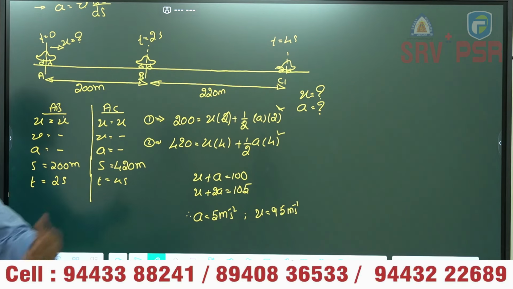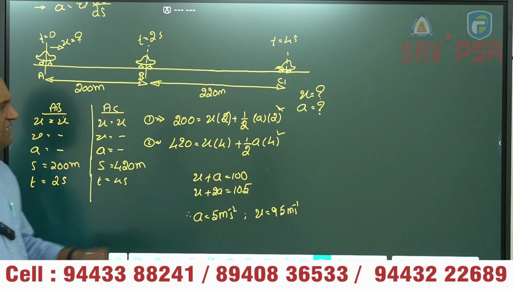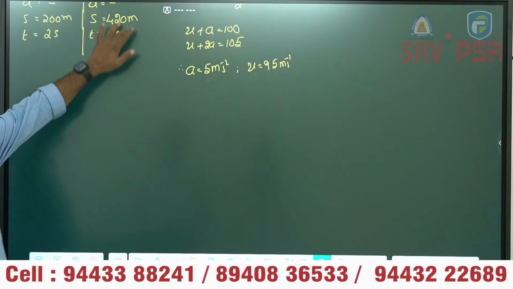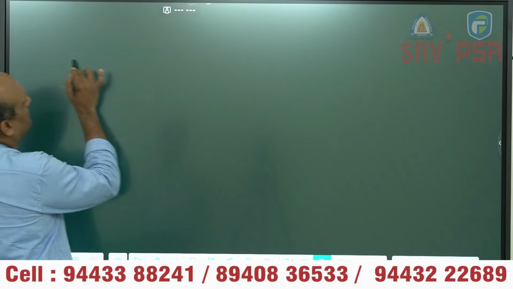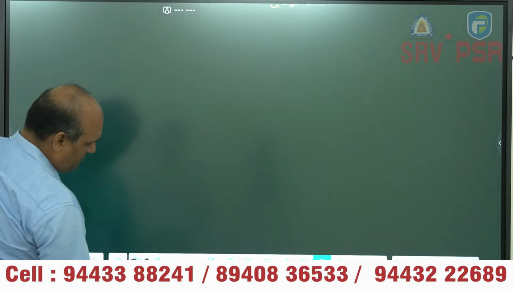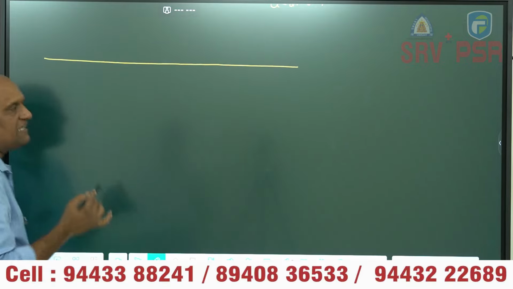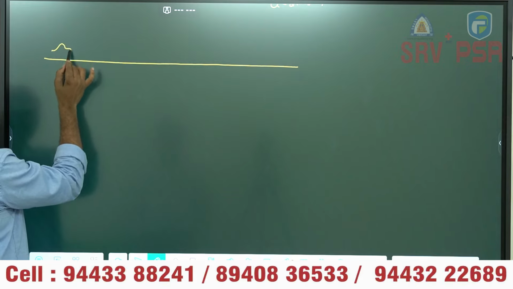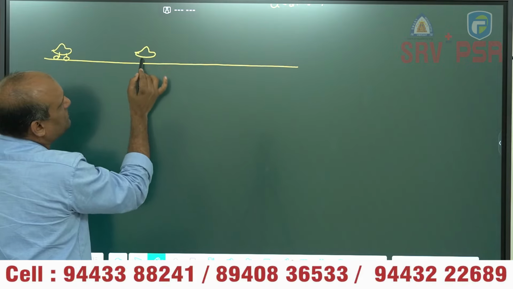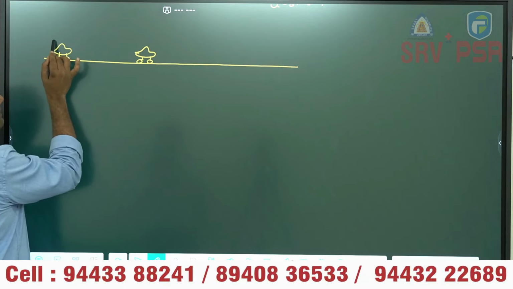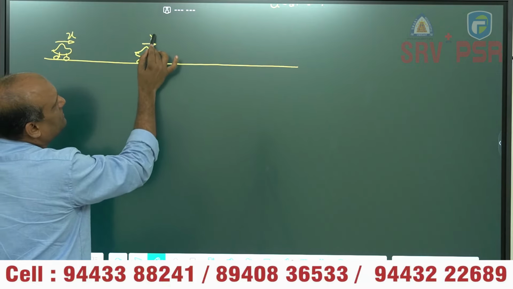So now I will go to the second question. If you want to take a snapshot, the second question is, see, you might be doing this. You are driving the scooty. A car covers x distance before its velocity reduces to half.